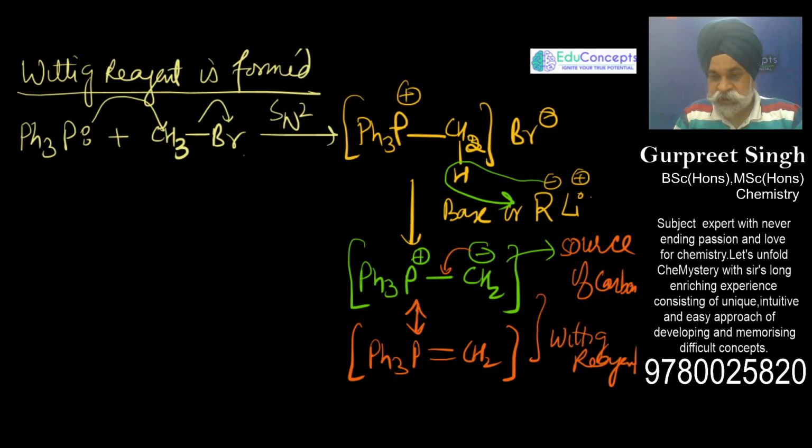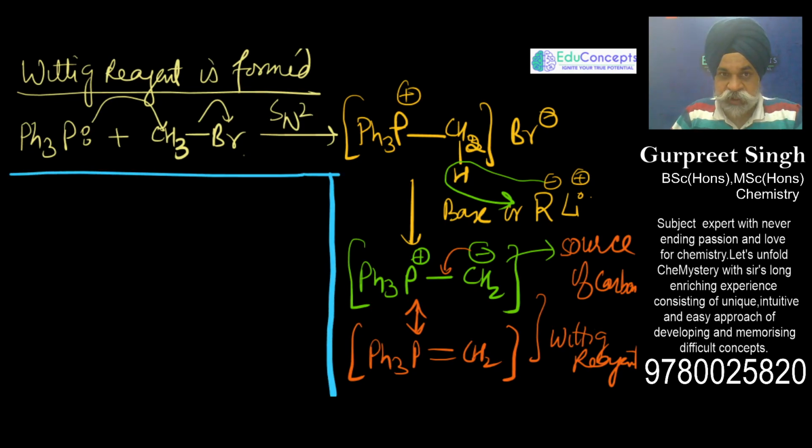Now, how does this Wittig reagent help to produce the alkene which we are showing? Whenever you have any aldehyde or ketone, if you have this particular reagent, the hybrid of this would have this as delta negative and this as delta positive, because there is a resonance taking place between these two.